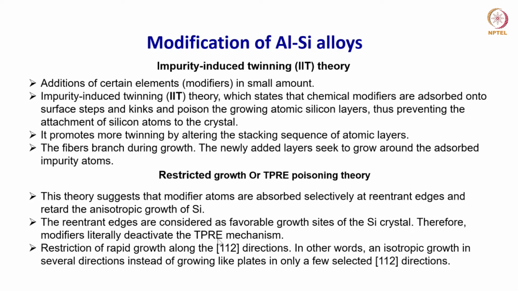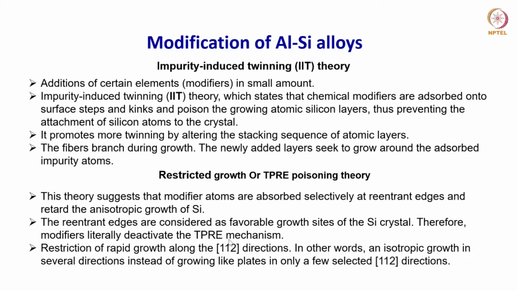So as I said before, the reentrant edges are considered the favorable or preferential growth site for the silicon crystals, and therefore when the modifiers are already present in these edges in this kind of locations, then it will deactivate the TPRE mechanism.